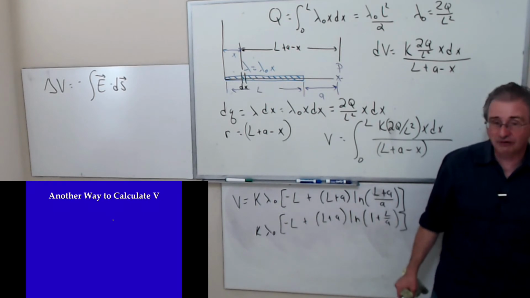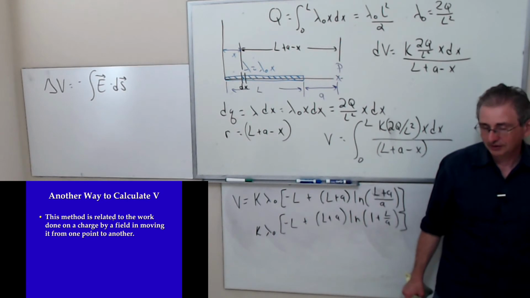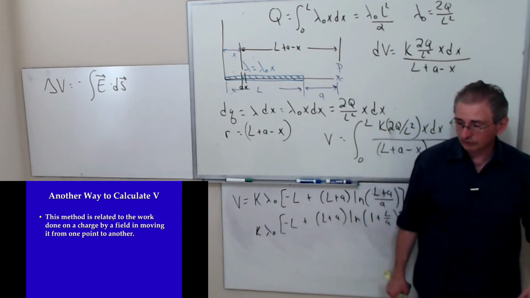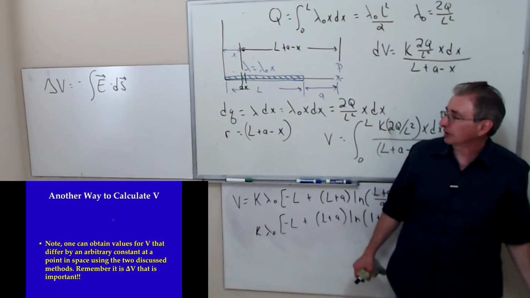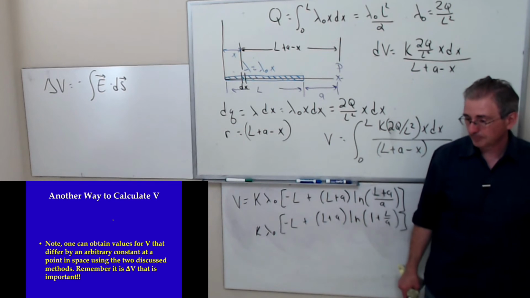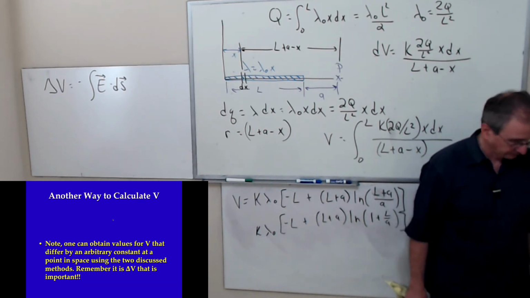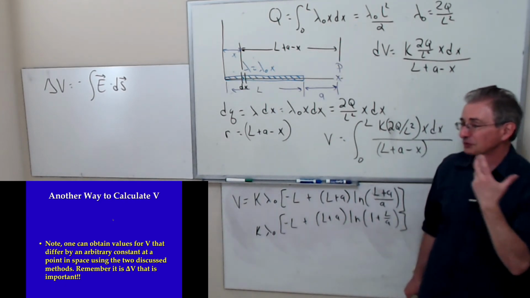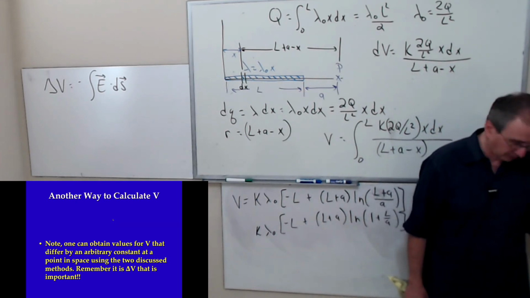Here I can let V equal 0 wherever I want. Like I said before, it's really related to the amount of work required to move a charge between two points. That's how we came up with the definition of delta V. Remember that V is always known up to some arbitrary constant, so that allows us to choose a zero, a reference point.